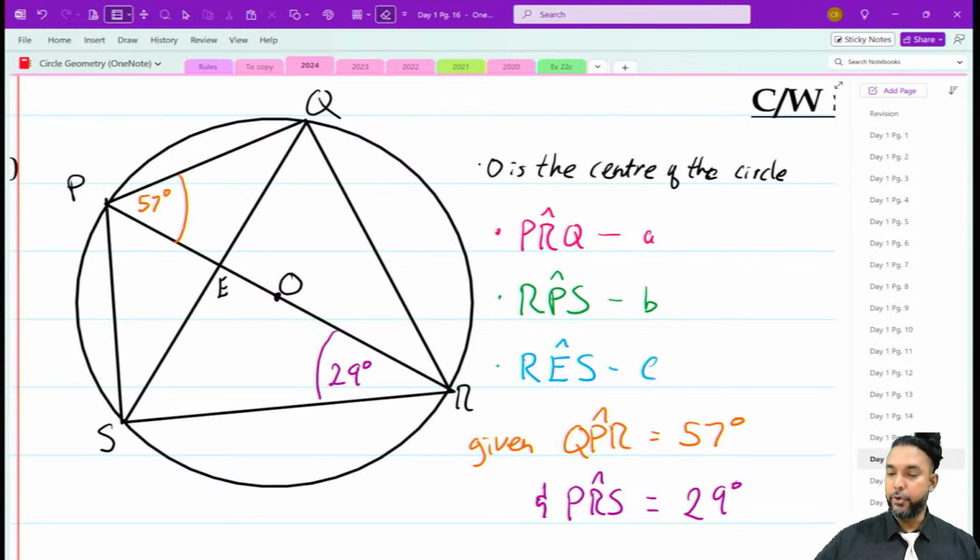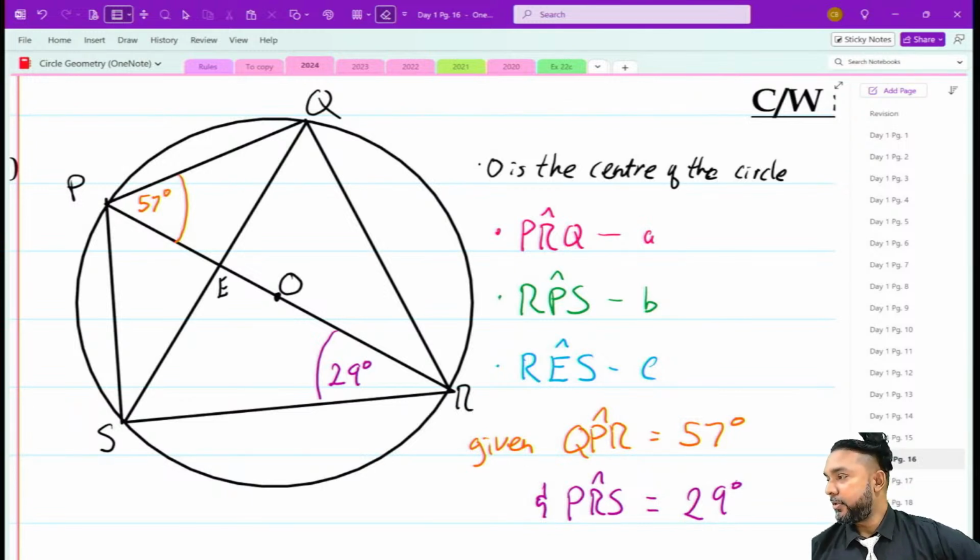If you're not sure where A, B, and C are on the diagram, let me know. Yeah, it's from the textbook. I'm giving them the labels from the question in the textbook.